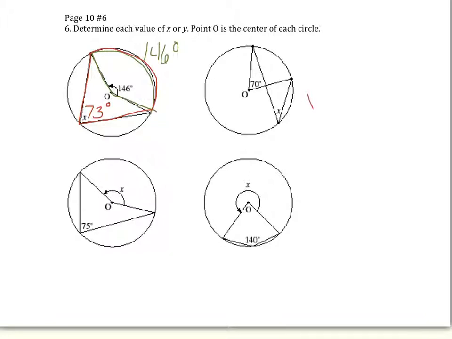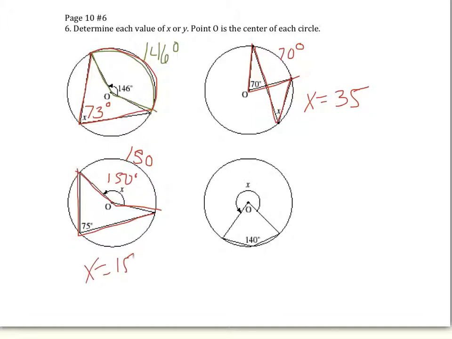All right, I hope that you got x equals 35 here, because this is the inscribed angle to this central angle, so it would be half of its arc. On this one, if this is the inscribed angle, its arc would be double it. So this central angle would equal that arc of 150 degrees, so x equals 150.